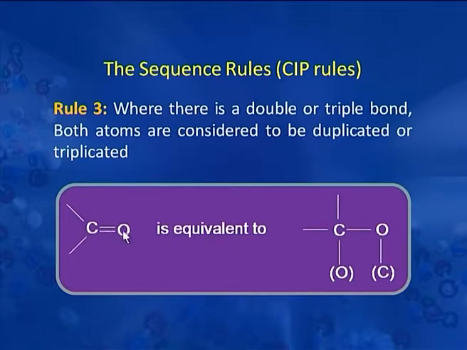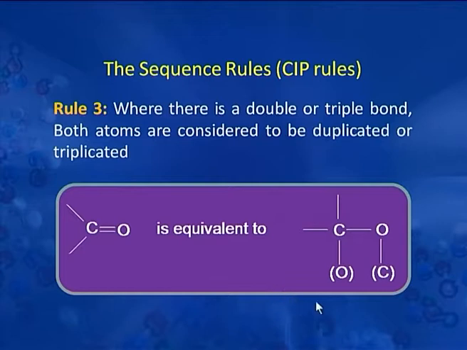Now these are attached by double bond, so both these atoms are duplicated, means it is considered as if this carbon is attached to one more oxygen, and this oxygen is attached to one more carbon, which is shown like this. These atoms are called phantom atoms because they actually do not exist. These are fictitious atoms which we are considering for assignment of priorities to different groups.